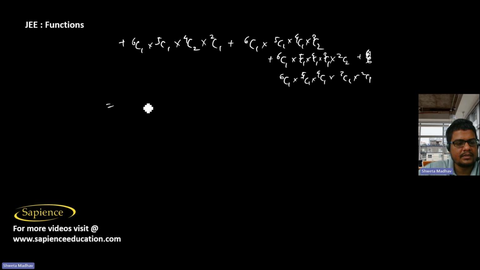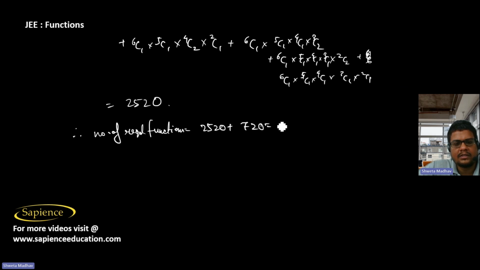So if we add them, then we will get 2520. So therefore, the number of required functions will be equal to 2520 plus 720, that is 3240.